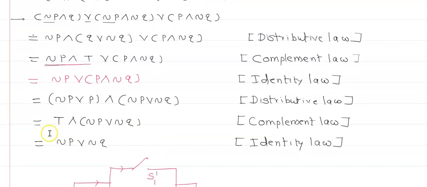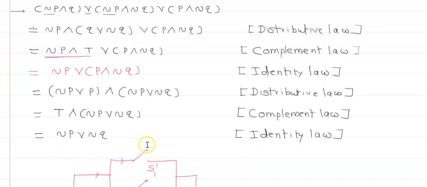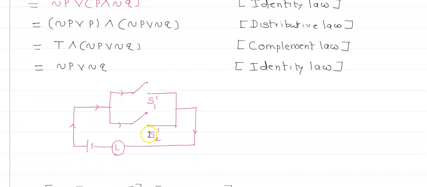Then T and negation of P or negation of Q gives negation of P or negation of Q by the identity law. It means that these two switches must be in parallel, that is S1 dash and S2 dash are in parallel. This is the simplified circuit.